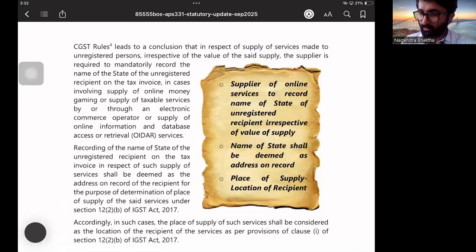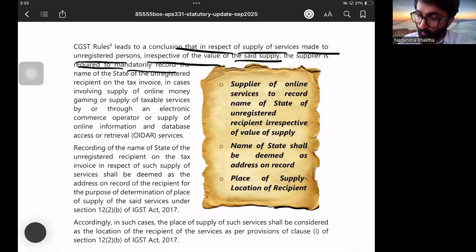It leads to the conclusion that in respect of the supply of services made to an unregistered person, irrespective of the value of the said supply, the supplier is required to mandatorily record the name of the state of the unregistered person.